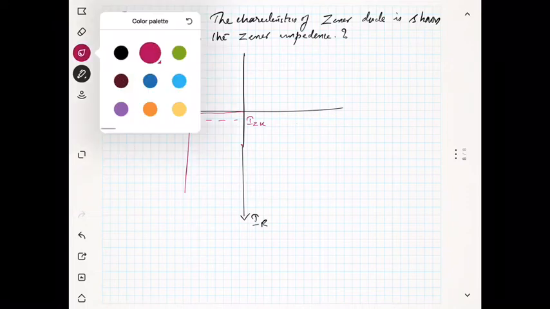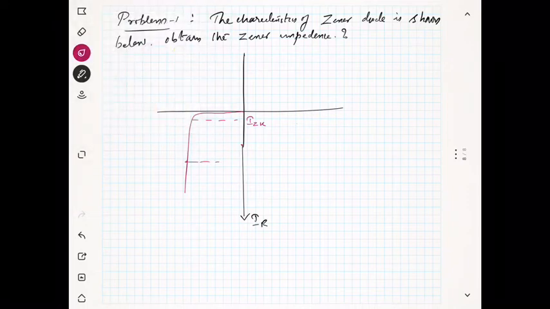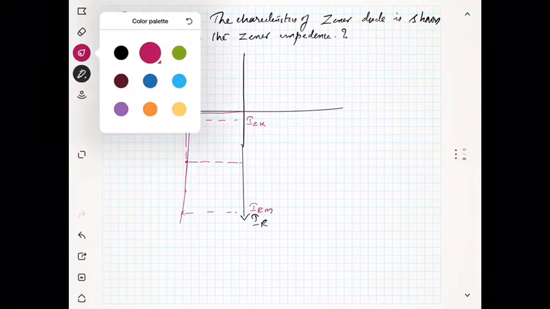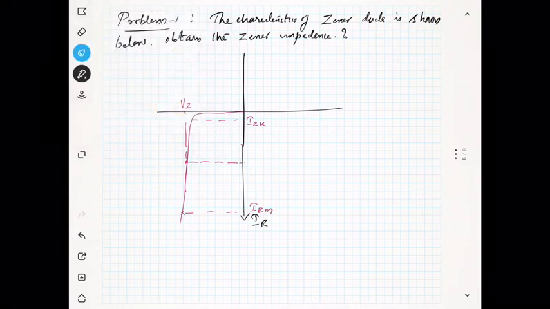Now this is the voltage, we can say this is Vz. Okay, and you have a maximum limit which is known as Izm, and there is a variation. They have also shown the variation here.